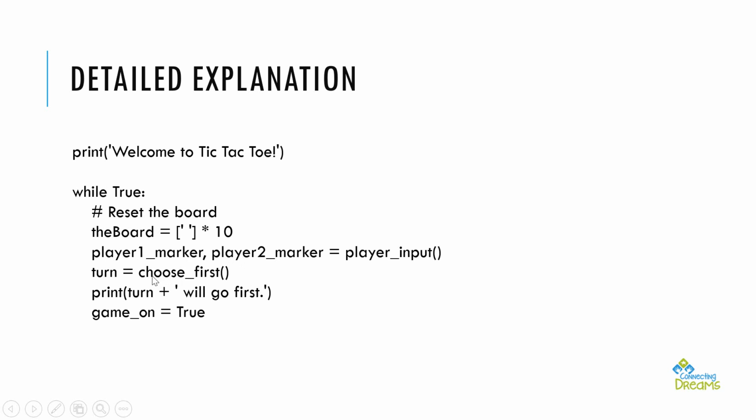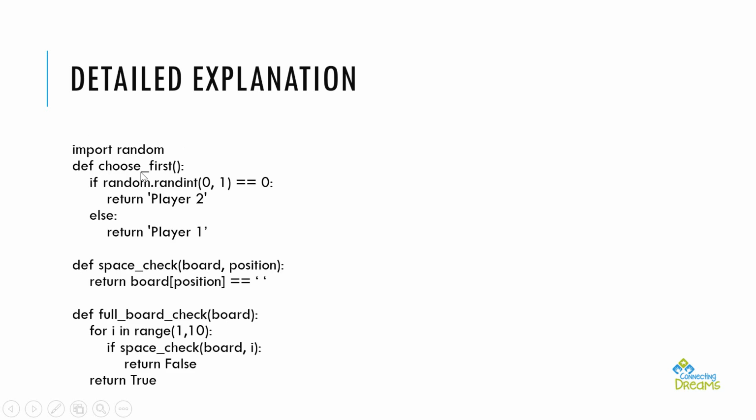Now we call another function, choose_first, and the return of this choose_first function would be stored in the variable turn. Now this choose_first function is shown here. In this function, we are going to use a function called random.randint. This function uses the random module to randomly decide which player goes first.